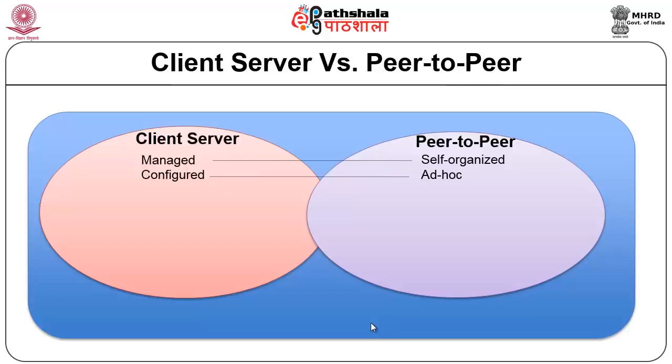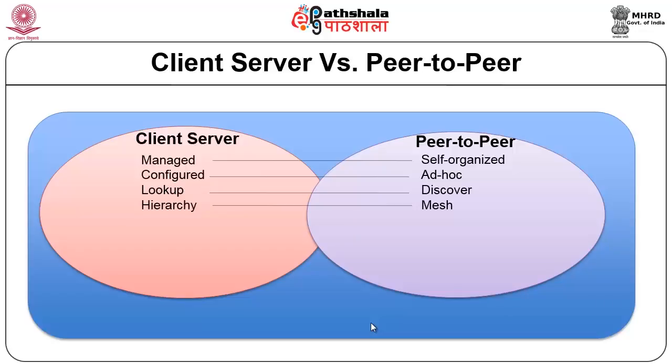For the same reason we say that client server is a configured environment and P2P is an ad hoc environment. In client server, clients do a lookup for a server. So, we can have specific mechanisms like a domain name server for the lookup. But in peer-to-peer, it is very difficult to maintain a DNS server, so one peer has to discover the other peer.